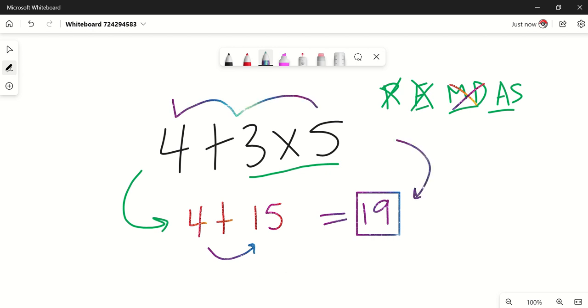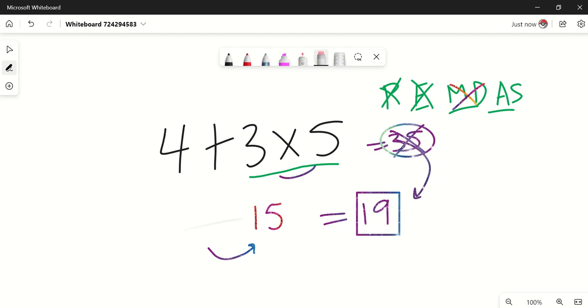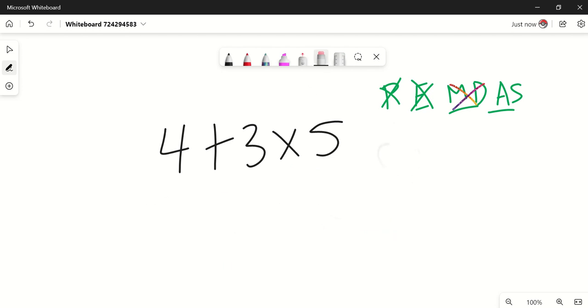And I know it's in our nature to do 4 plus 3 would be 7 times 5 would be 35. It's not going to equal 35. We have to follow order of operations. So again, our very first step is parentheses, which there were none. Exponents, which there were none. Multiplication and division, which there was. There was multiplication right here.